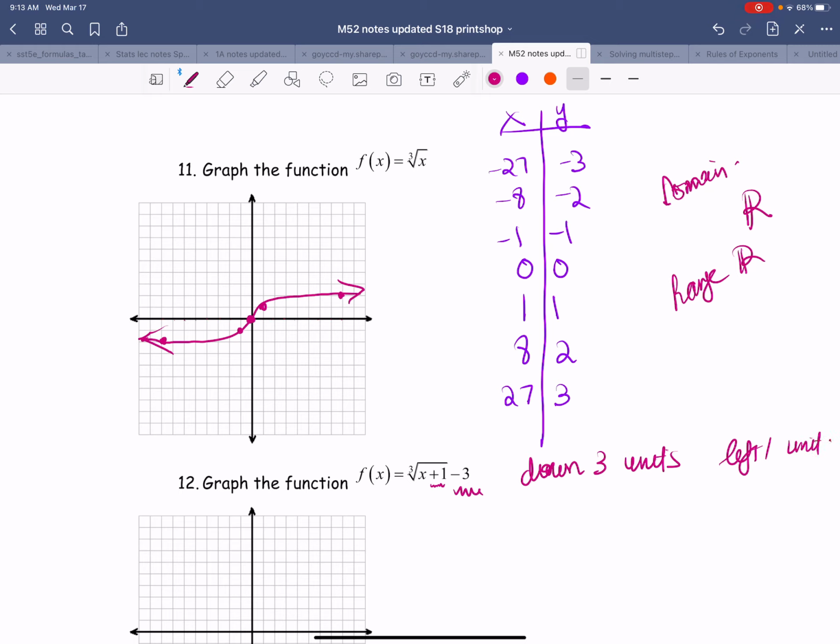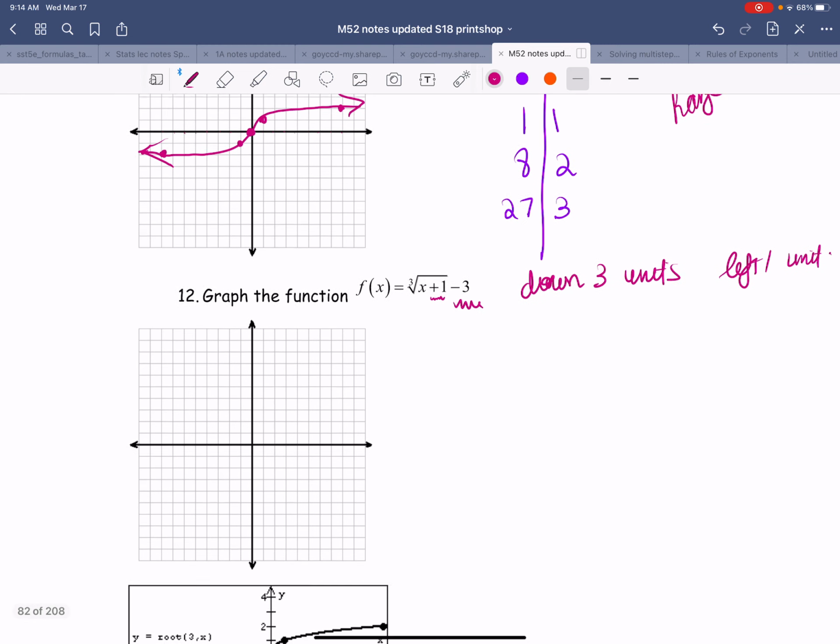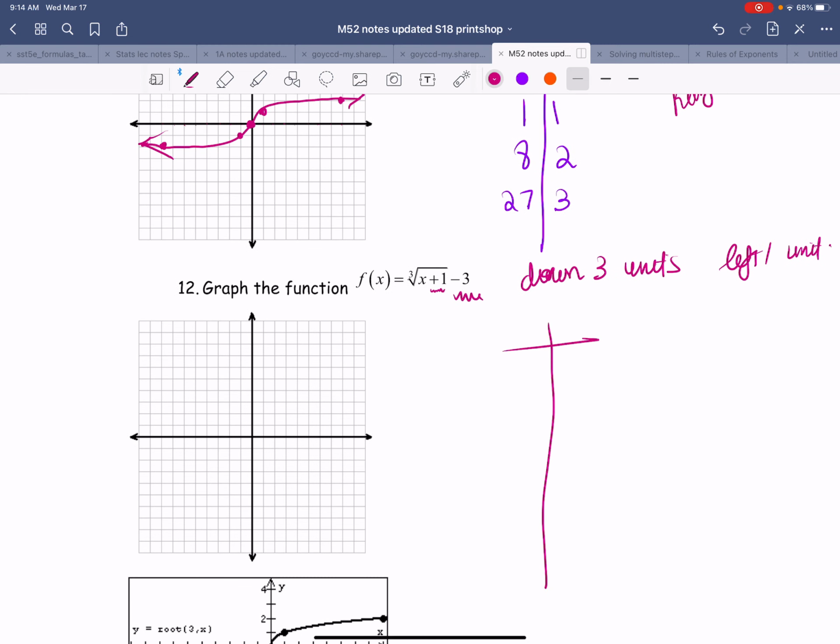We can shift our basic graph, the one we did in number 11, we can translate it, or we can also make a table and come up with our points that way. So 3 units down and 1 unit left. We can do that as well, or we can make a table.